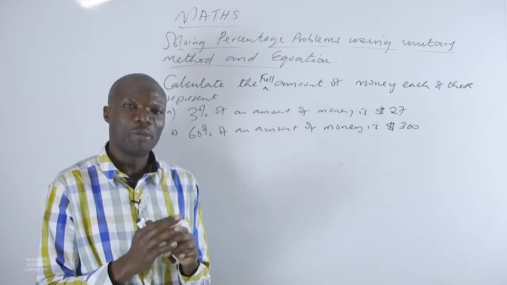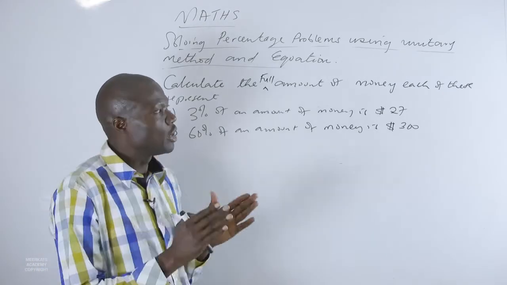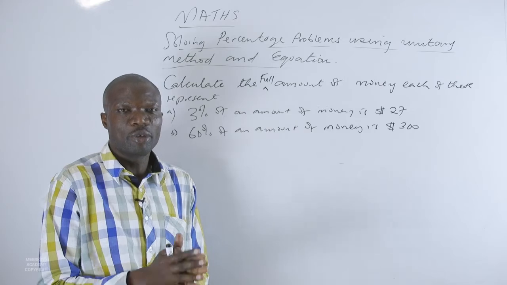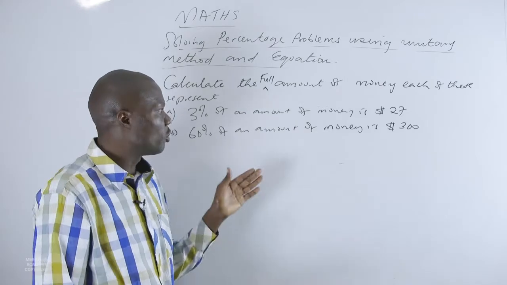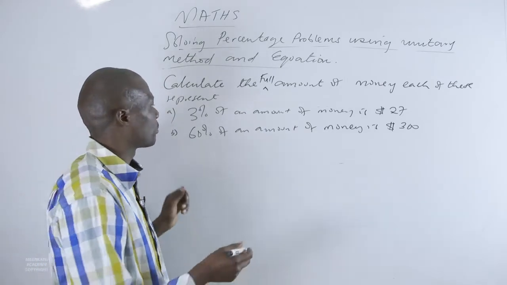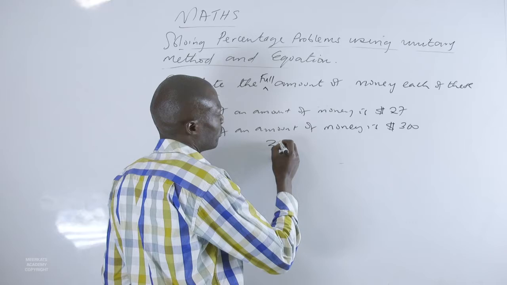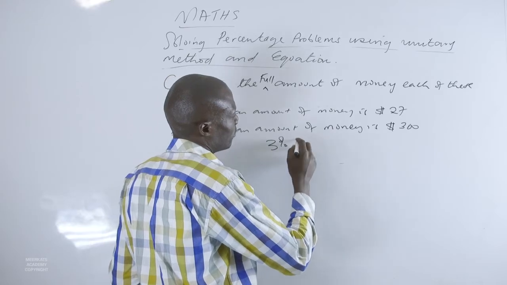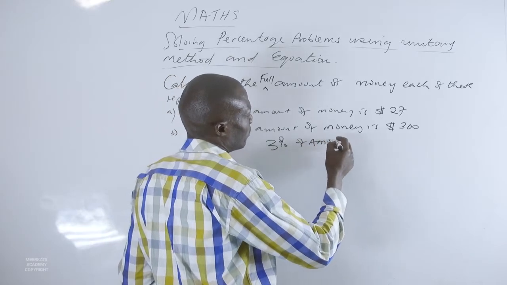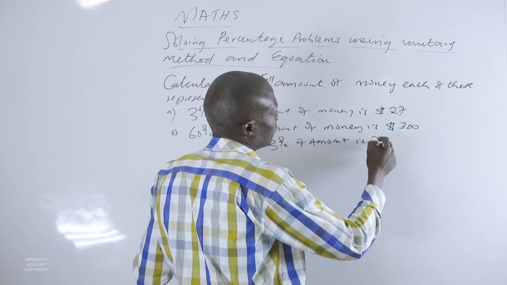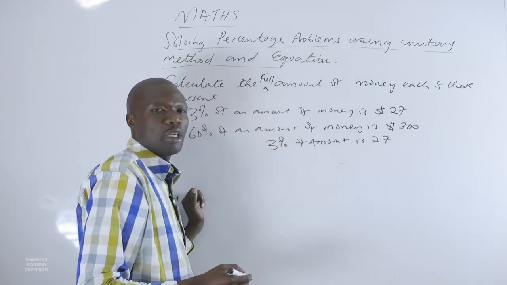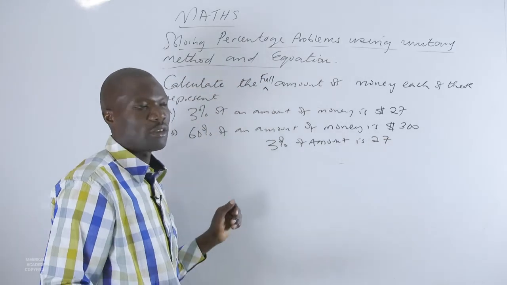Now, remember, we have two methods: the unitary method and the equation method. So starting with unitary, 3% of an amount is 27.